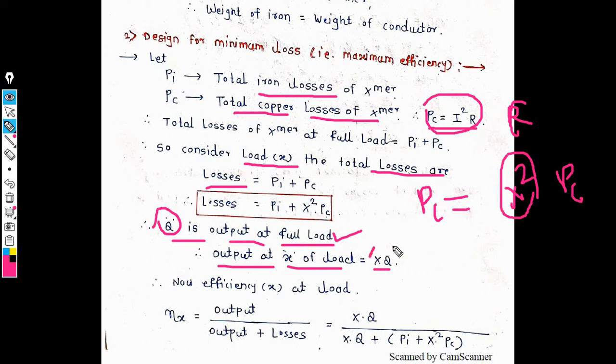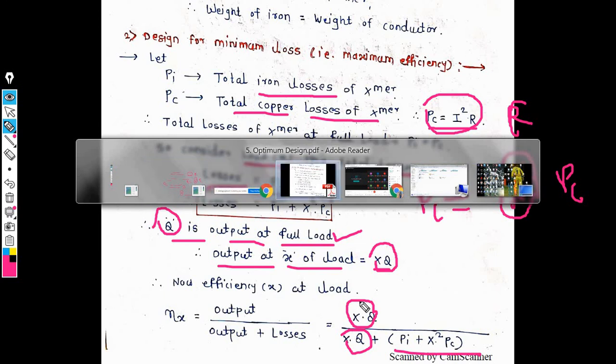Now the output is x into Q, plus losses is Pi plus x square into Pc. All three values are put here, and find out minimum losses, that is maximum efficiency of the transformer.